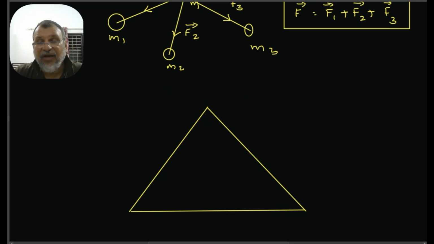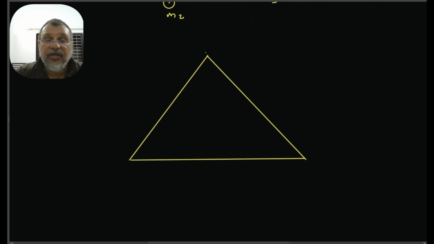Let's put some actual values to make it interesting. Let's assume that this mass m1 equals 2 kilogram. These are too small to actually create any real gravitational force. You must remember that. Let's assume that this is a very small body.